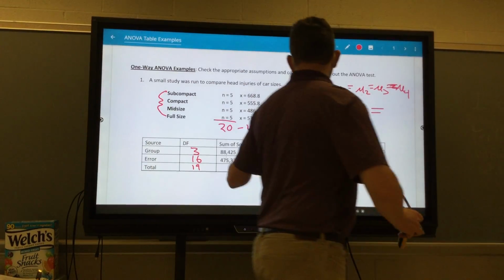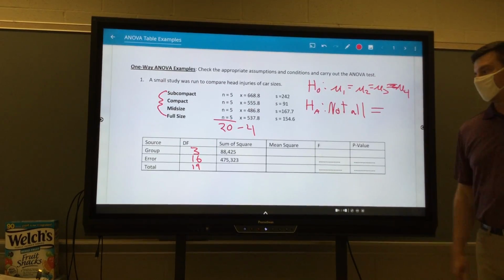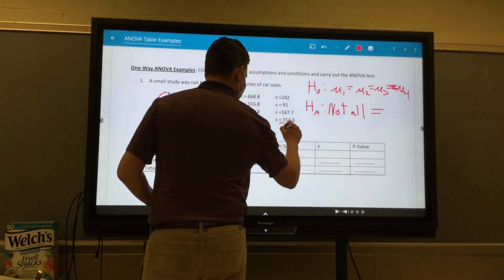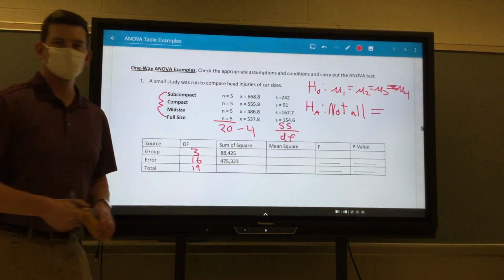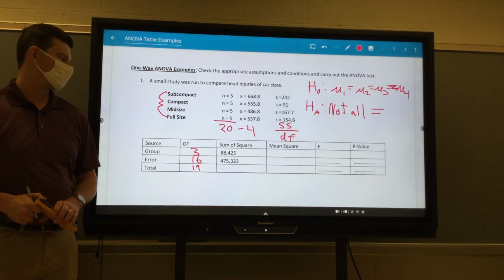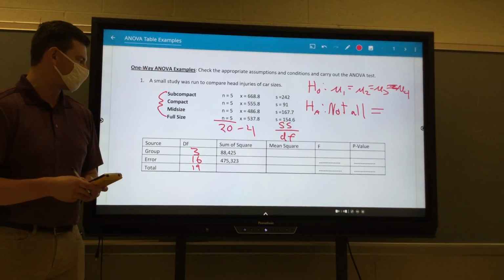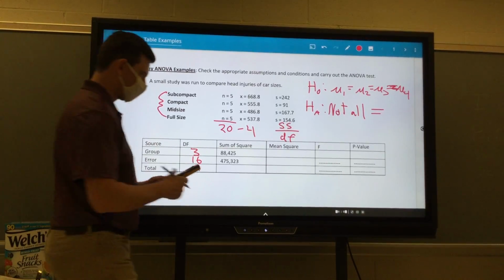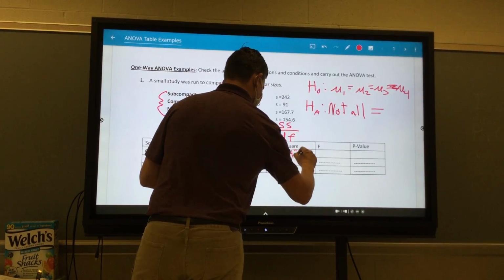All right, so we're provided with the sum of the squares. Next thing we need to find is the mean of the squares, and again, this is calculated by sum of squares divided by the degrees of freedom in that case. So all we're doing is going with our calculator, 88,425 divided by 3, 29,475.